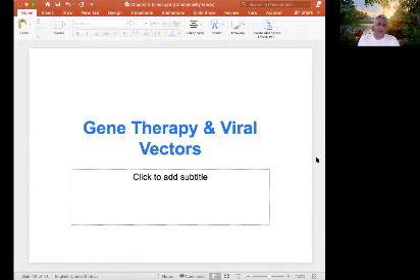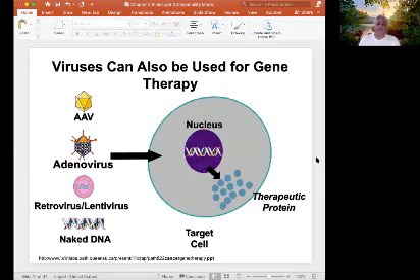So let's lastly look at therapies that are designed around viruses. This is where you can use the biology of the viruses to achieve some type of genetic manipulation. The goal here is to take a capsid, remove from the capsid some of the nucleic acids, some of the chromosome of the virus, and replace it with useful genes that you want to introduce into a cell.